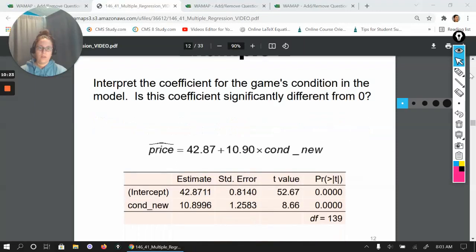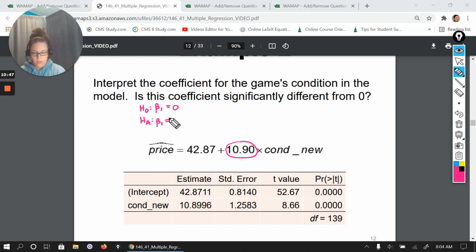Example 2 says, interpret the coefficient for the game's condition in the model. Is this coefficient significantly different from 0? So let's write our hypotheses. The null hypothesis would say that beta 1, which is this number here, equals 0, and the alternative hypothesis would say that beta 1 does not equal 0.